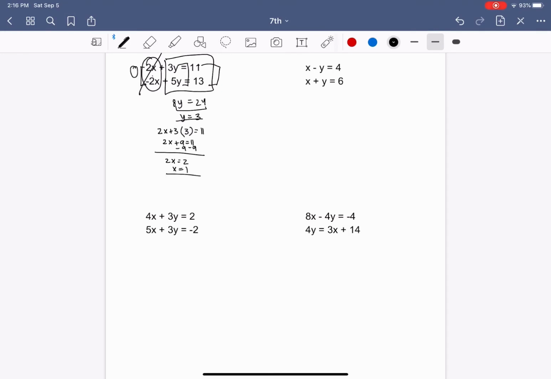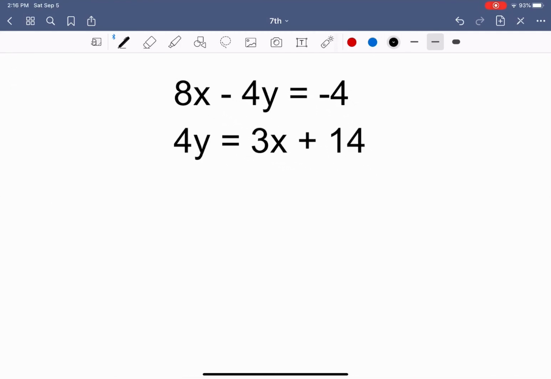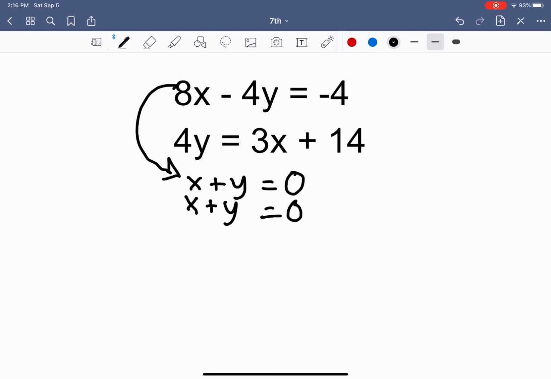For some of the problems, they will give you a different format, like problem 4 here. I'll show you how to do this. You always want the format to be x plus y equals a number, and x plus y equals a number. If you see here, the first equation is already in this format, but for the second equation it is not.